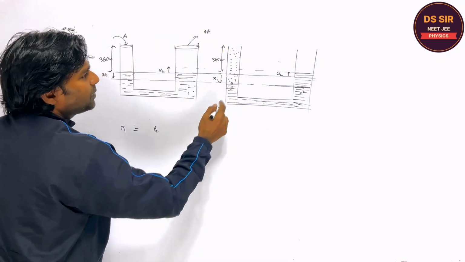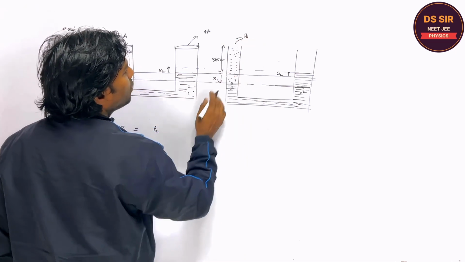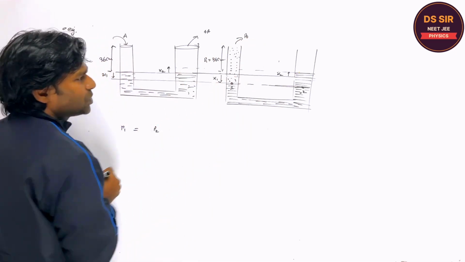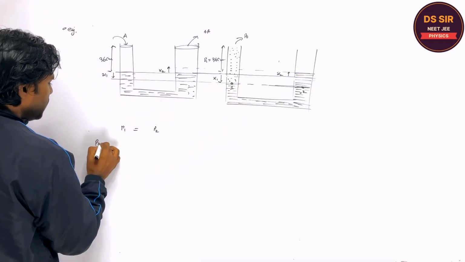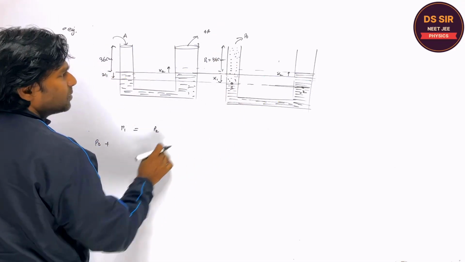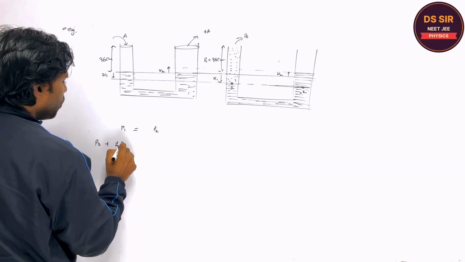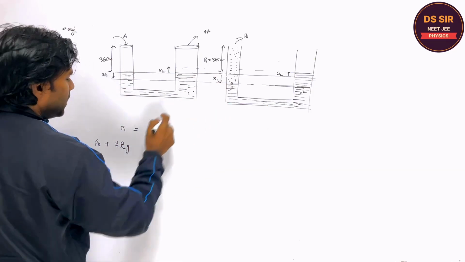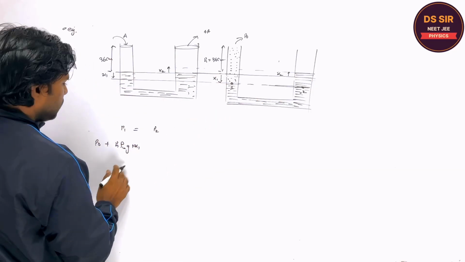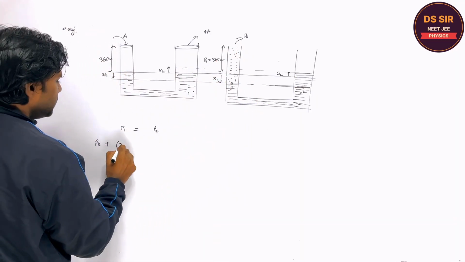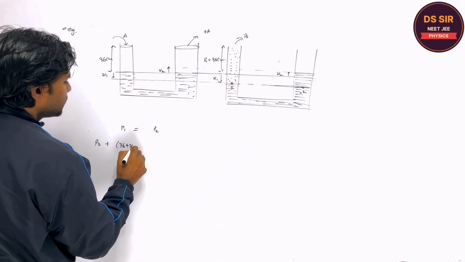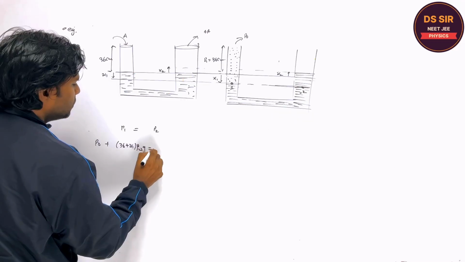So what is the pressure at P1? If this is P0, I'm assuming this to be H, and I will put the value later. So P1 is P0 plus H rho water into G. This is the water column height, 36 plus x1, rho water into G.